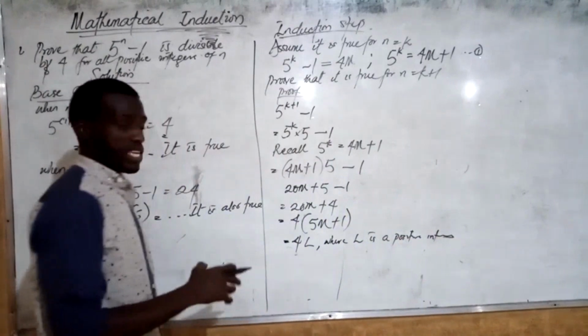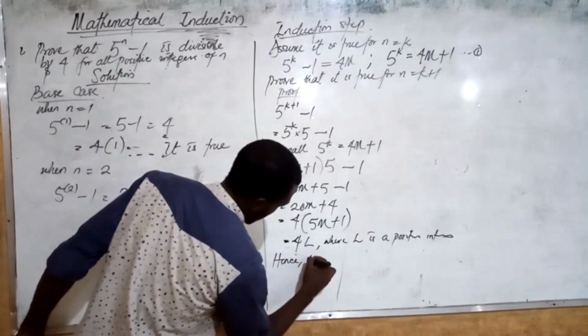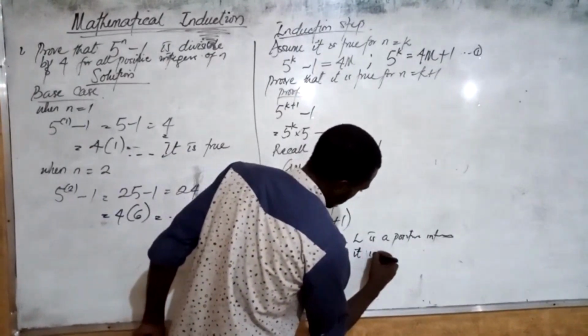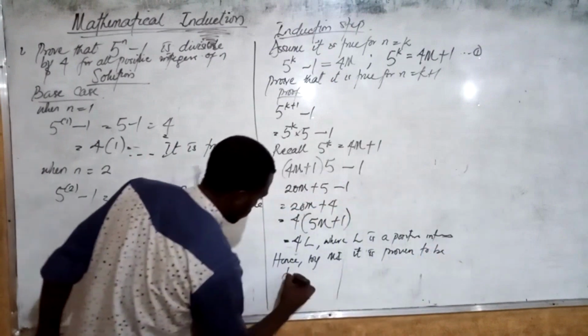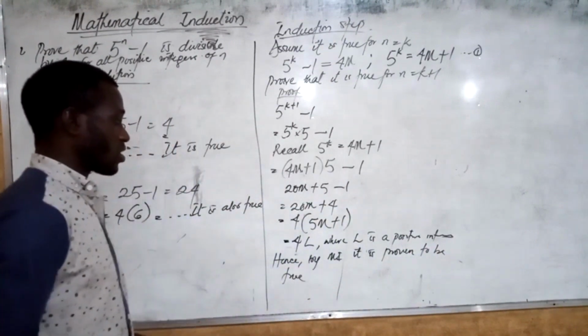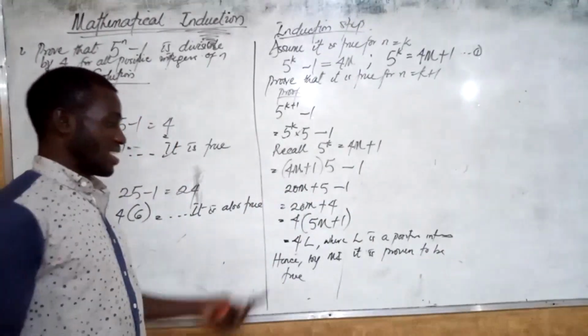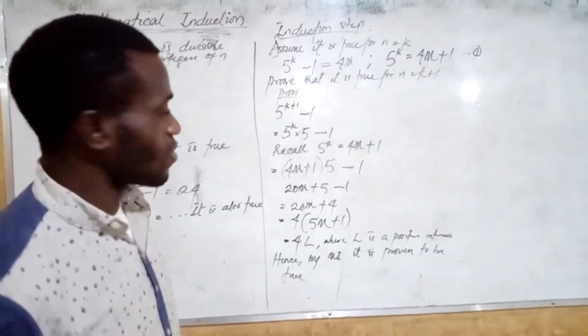So we can now say that, hence, by mathematical induction, it is proven to be true. You can just end it here, but sometimes you like to add the statement: hence, it is true by the principle of mathematical induction.